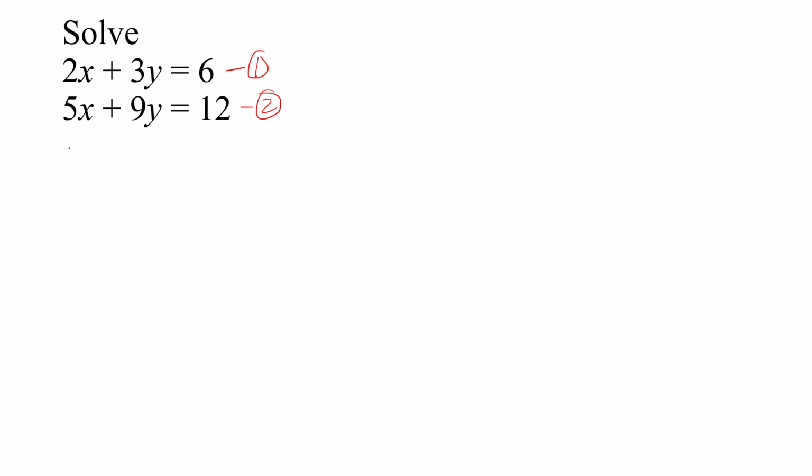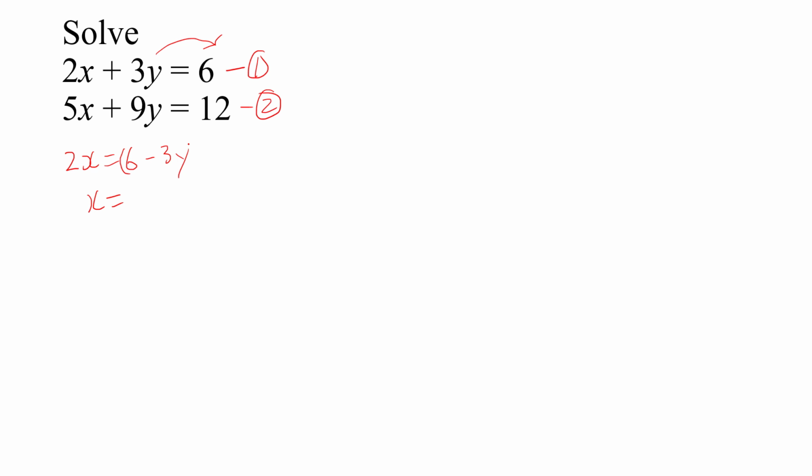So 2x plus 3y is equal to 6. So the first thing is I want to move the 3y over to the other side. So it's equal to 6 minus 3y. Next, to make the 2x into just 1x, what I do is divide the whole thing on the right hand side by 2.